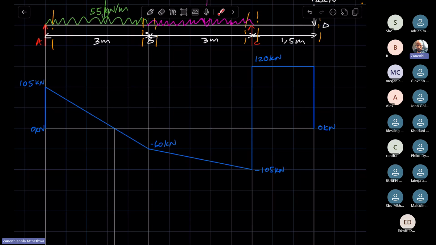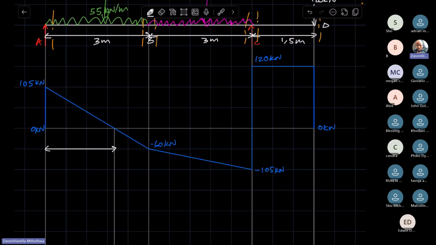So we need to establish the distance between this critical point and this end of the beam. Seeing that there are much fewer forces on the left-hand side, it is convenient for us to consider forces on the left-hand side. And as such, we need to get this distance. Are we together?